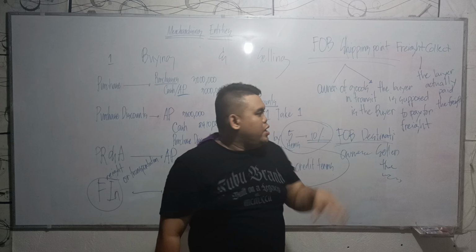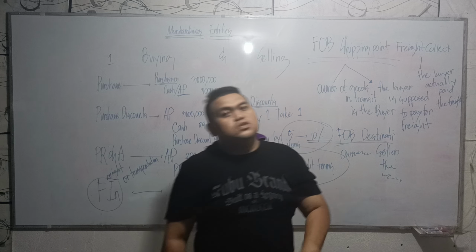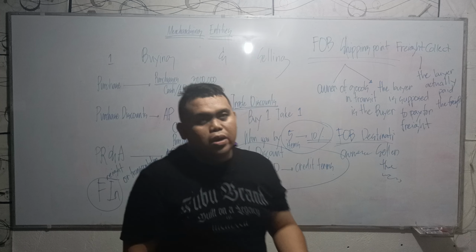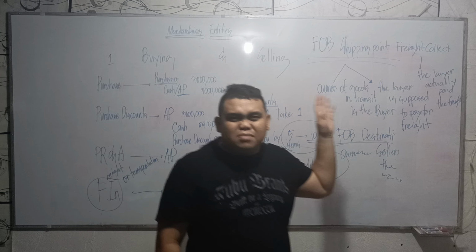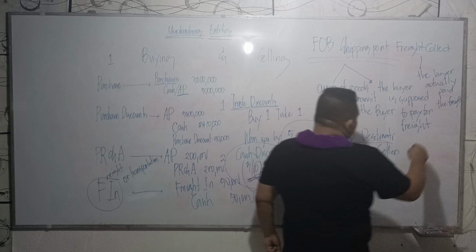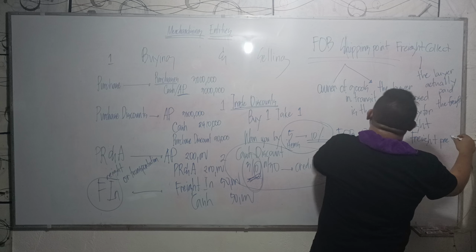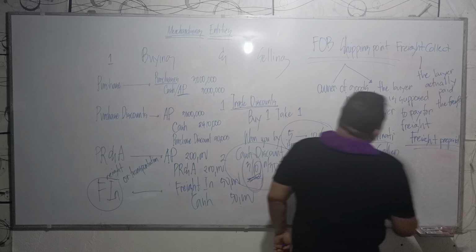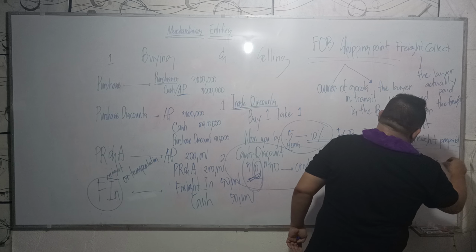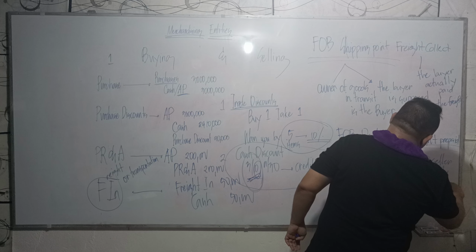So that means the goods will be owned by the buyer only if they arrive at the buyer's company premises. So when in transit, it is still owned by the seller. So that's it. Okay? And of course, freight prepaid is the counterpart of freight collect. Freight prepaid means the seller actually paid for the freight.